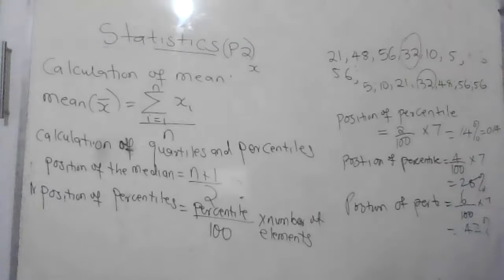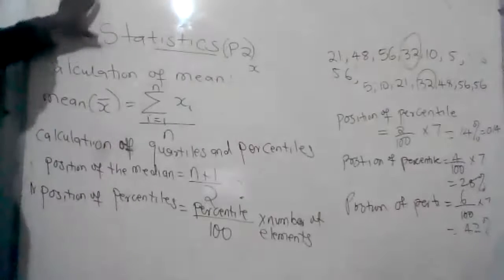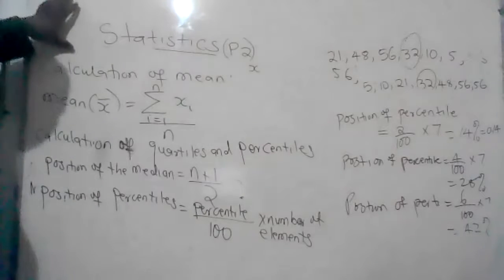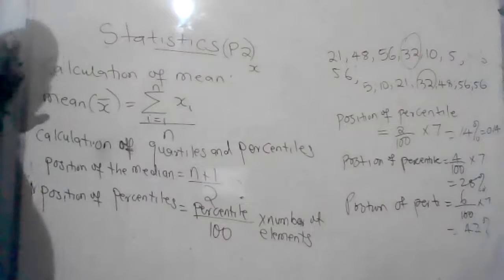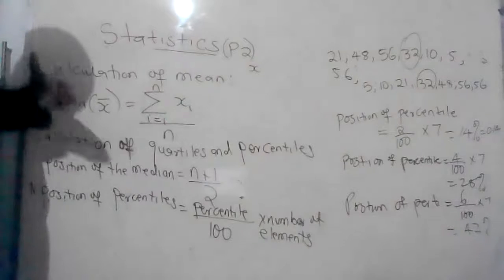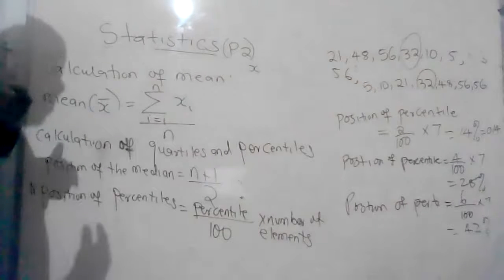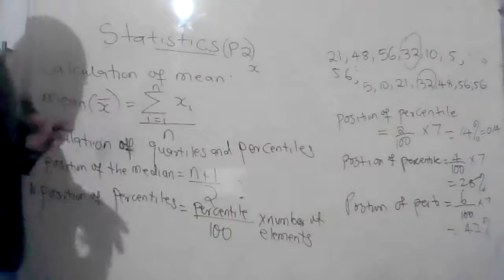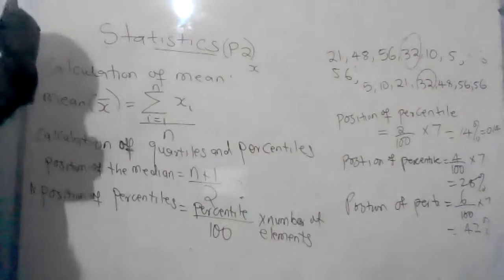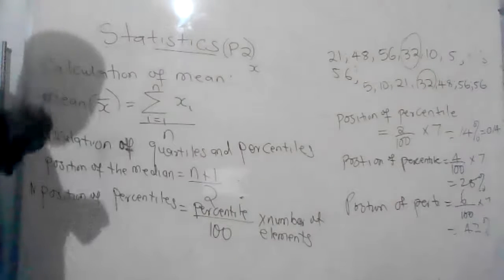But I will have to come with more examples so that you see how we do all these things, because all I've covered here is very, very important. They are converging to one point where you end up calculating the standard deviation and the variance of the data, which is very important.